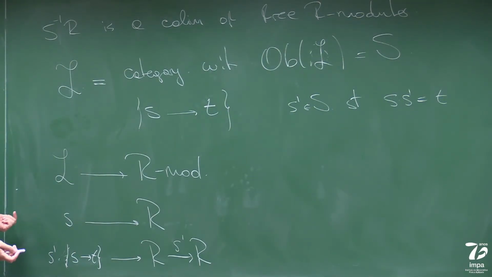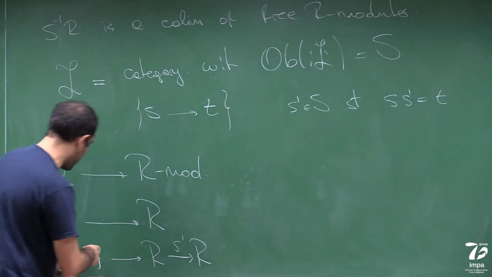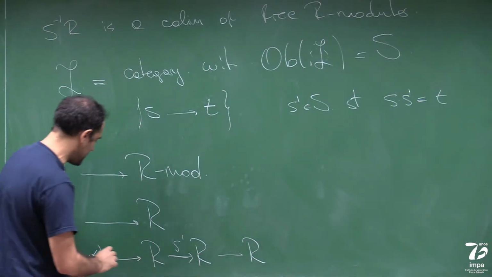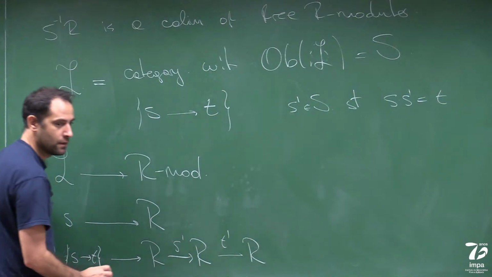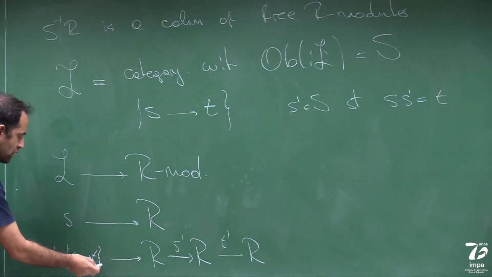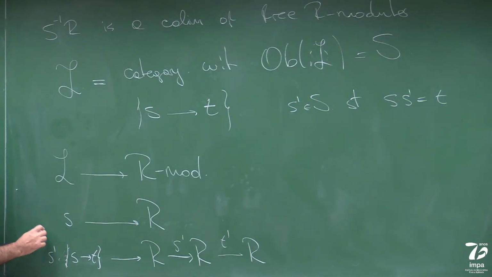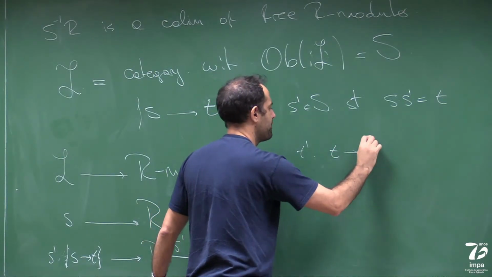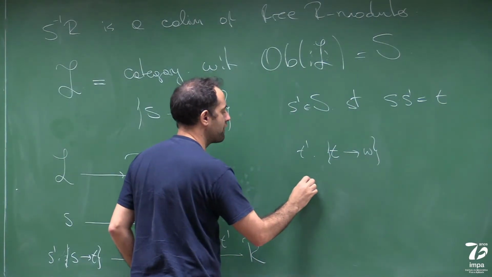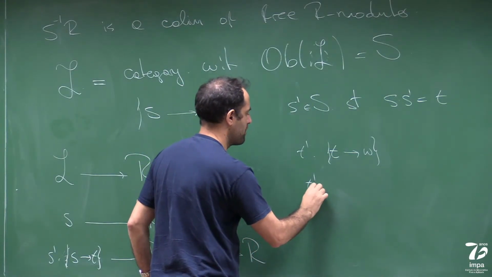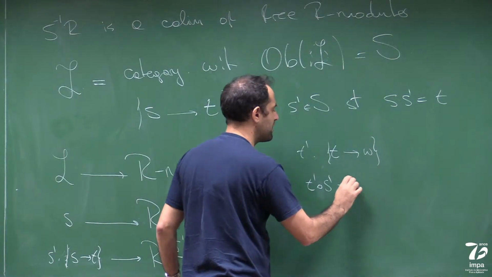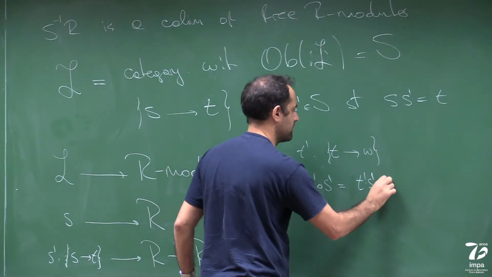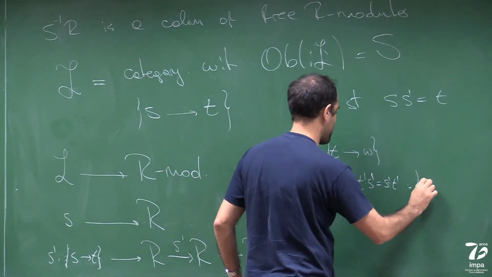Indeed, if I have another map from t to w, given by multiplication by t prime, then the composition of the two morphisms is multiplication by the element t prime times s prime, which is equal to s prime times t prime. And this is a map from s to w.